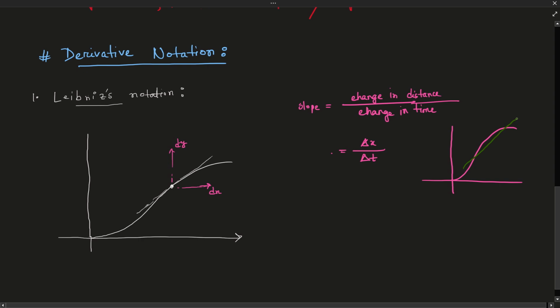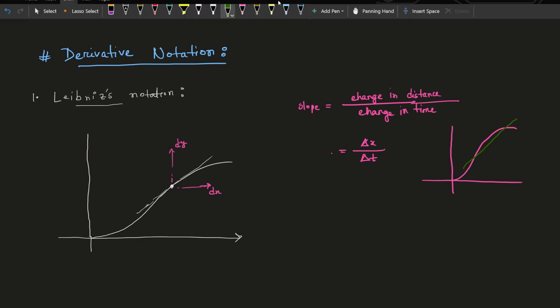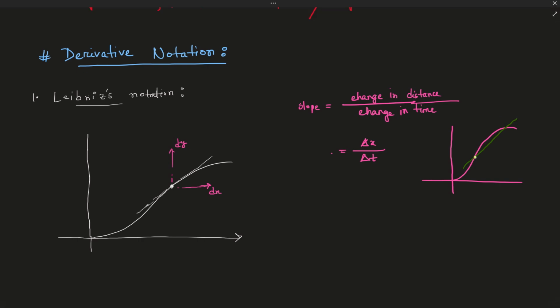Suppose something like this. Sorry, let's take yellow. So this and this, so let's add this. This will be our del t, and this will be the del x. Then if we keep lessening the interval gradually, we will get something like this, like very tiny.